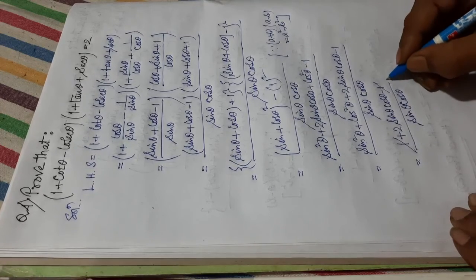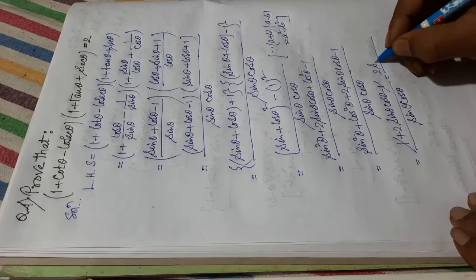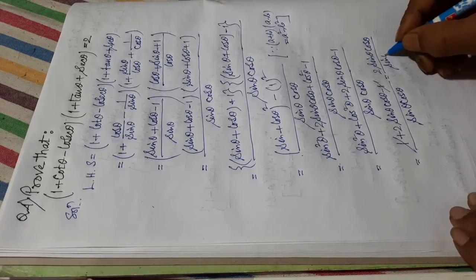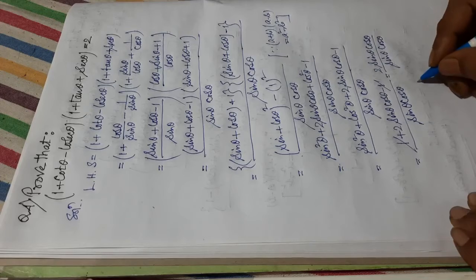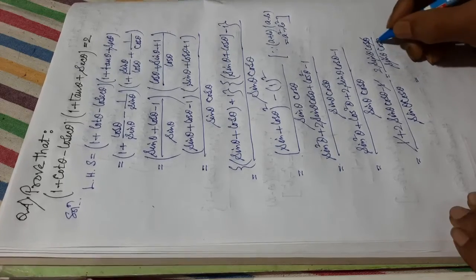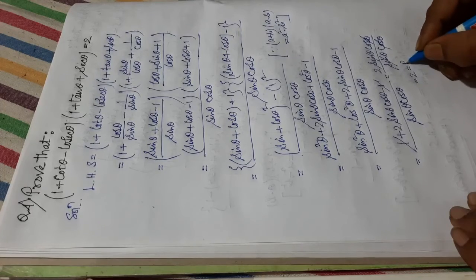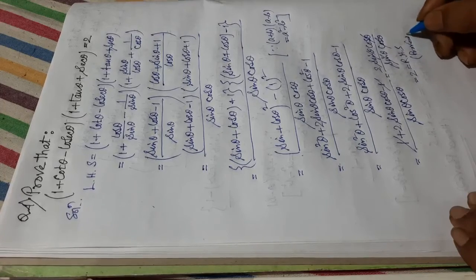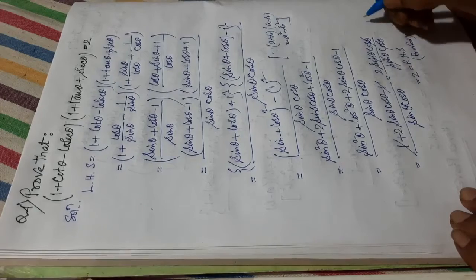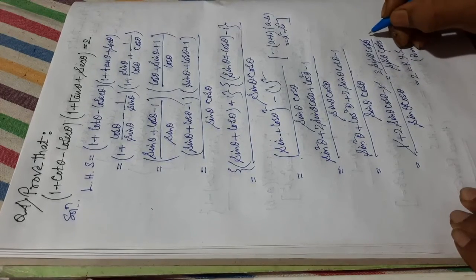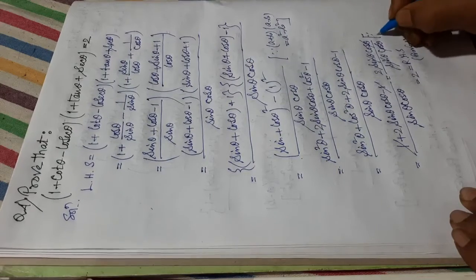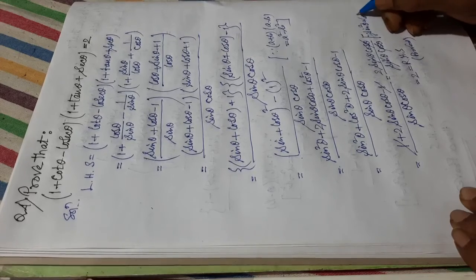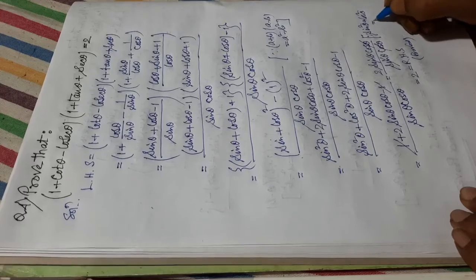Plus 1 minus 1 cancelled. Since sin square theta plus cos square theta is equal to 1.